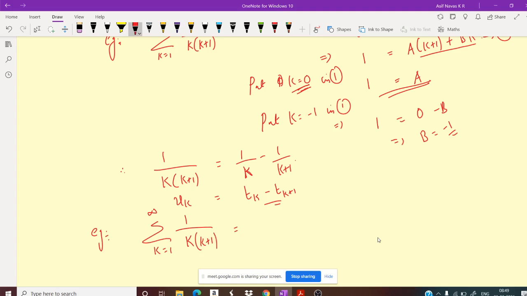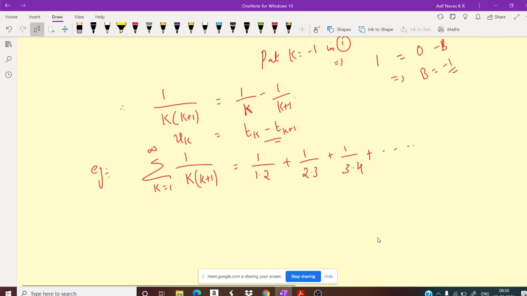If I give k equal to 1, then 1 by 1 into 2 plus 1 by 2 into 3 plus 1 by 3 into 4 plus etc. We want to find the sum. Now if I change this into this format, this is equal to sigma k equal to 1 to infinity 1 by k minus 1 by k plus 1.